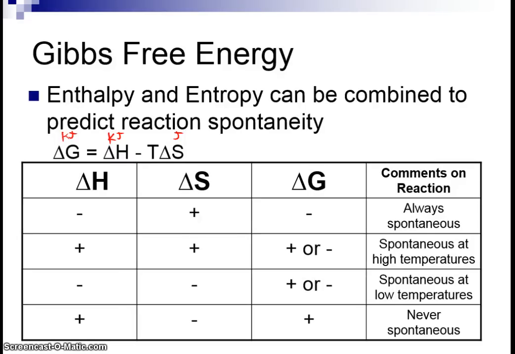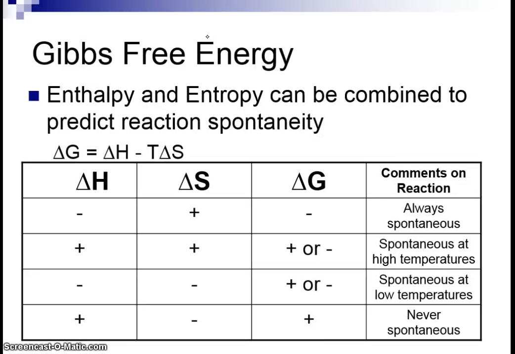And so we need to look at this chart here. I'm going to erase those for a second because we need to understand this chart. This is the important part of what ties this whole unit together. If my reaction is to be spontaneous, delta G has to be negative.